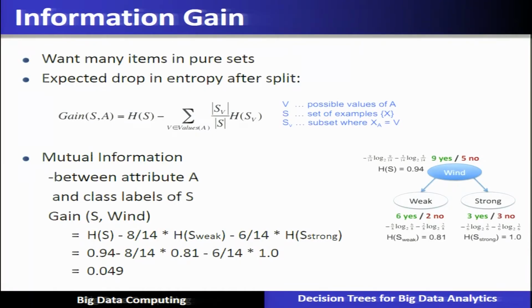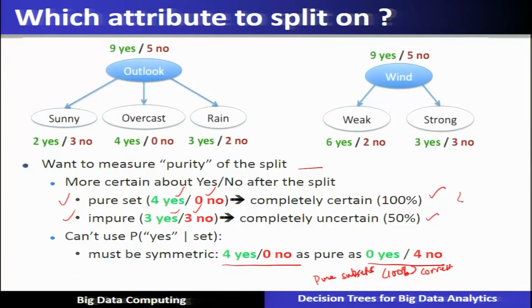And all others lying in between have values between 0 and 1, as we have seen in the previous example. So we are going to evaluate the purity of the set using entropy to decide the split of the nodes.